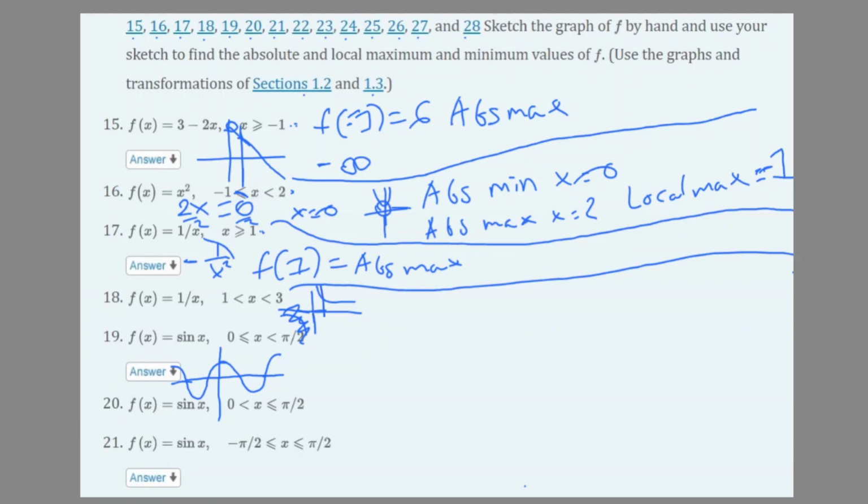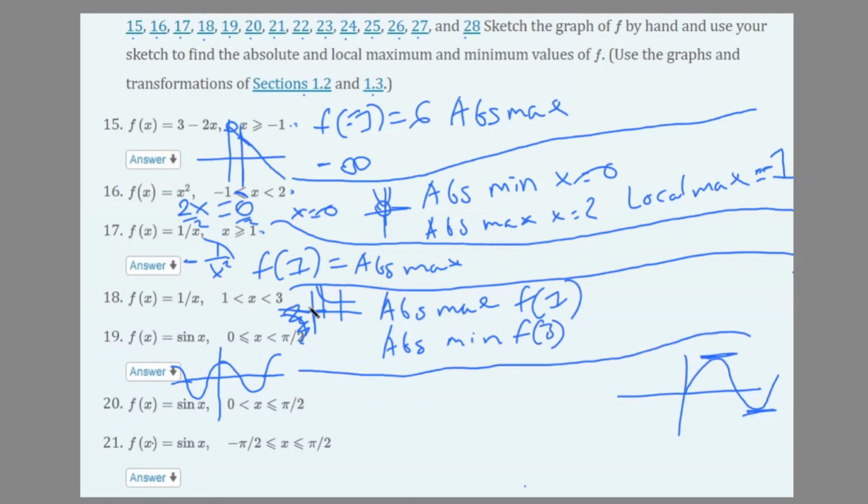So our interval is from 1 to 3. Same thing as the previous question, we could deduce that the absolute max is going to be at f(1). And then since the number gets closer to 0, so it decreases as the x value goes to infinity, we could deduce that the absolute minimum is going to be at f(3).